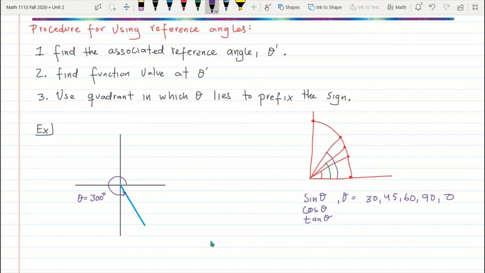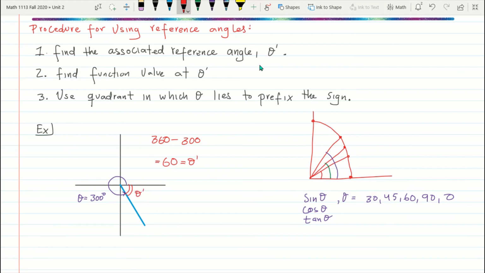So for example, say you have theta equal to 300 degrees, and we want to find the associated reference angle. Well, it is the angle that's in here. And we know already that 360 minus 300 is going to give us 60, and that is equal to the reference angle theta prime.